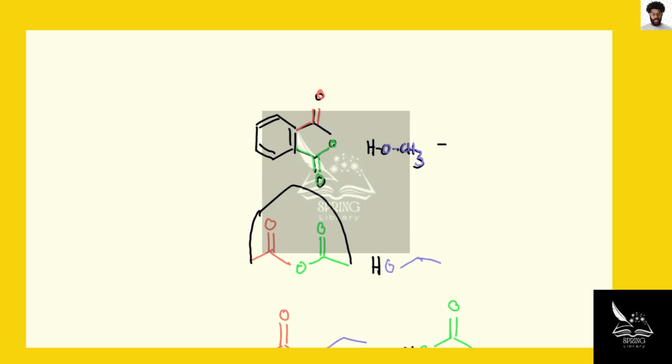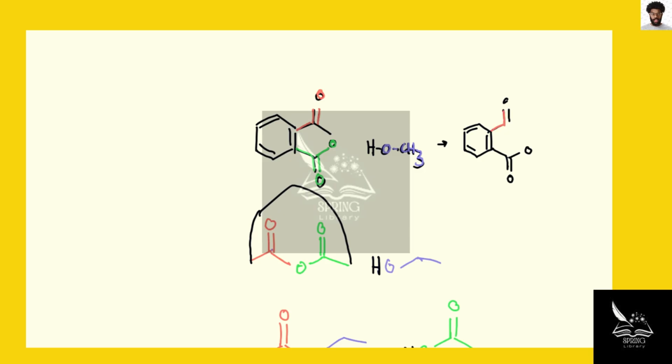I'm going to redraw the substrate, but without the bond between the red portion and the oxygen. And I'm going to redraw the green portion with the oxygen. And now I'm going to color code this.